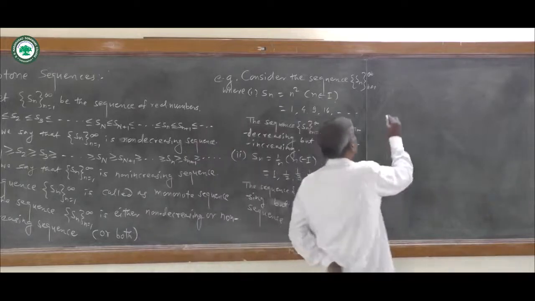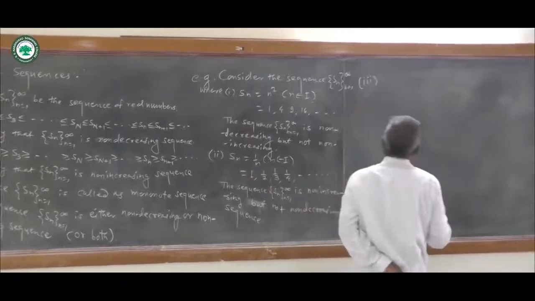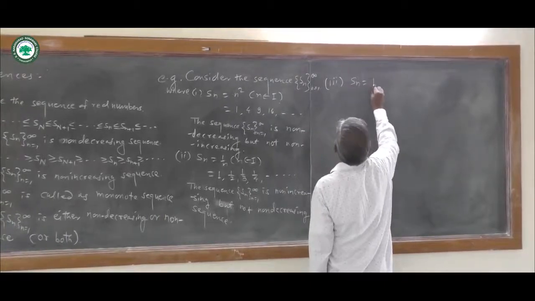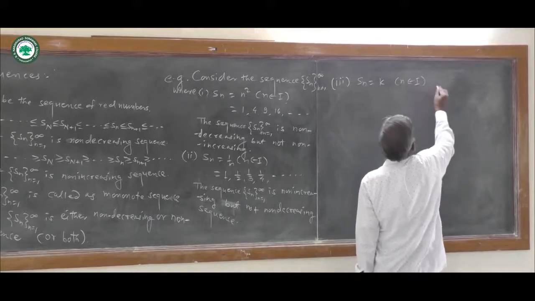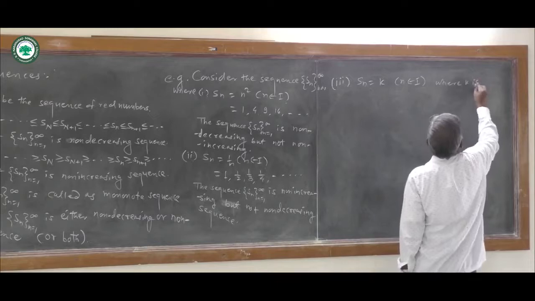Number 3, third example, S_n is equal to k for all n belongs to I, where k is constant.